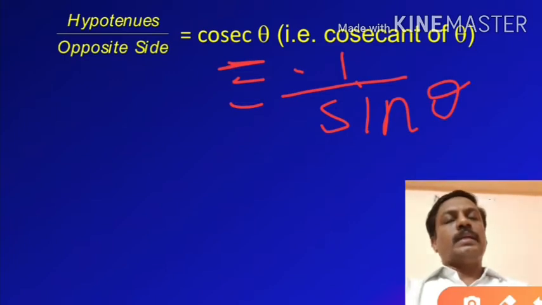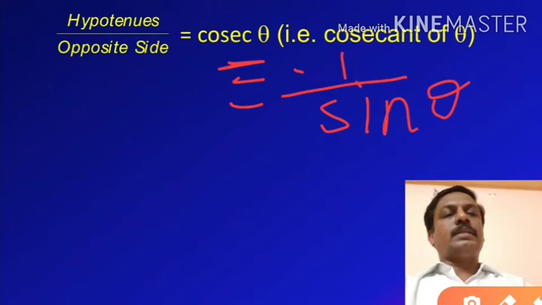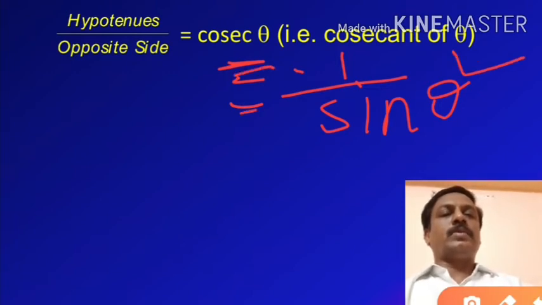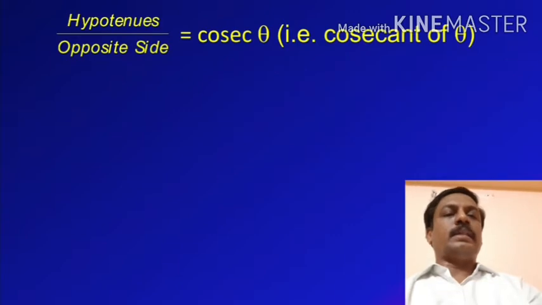You know that sin theta is opposite by hypotenuse. So cosec is the reciprocal of sin theta. Therefore it becomes hypotenuse by opposite. So remember this relation also: cosec theta is equal to 1 by sin theta.